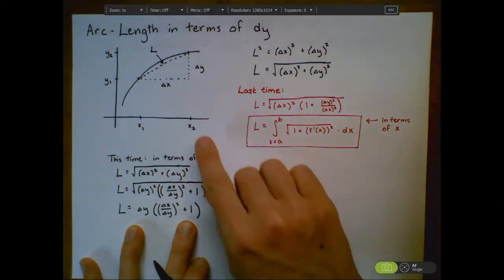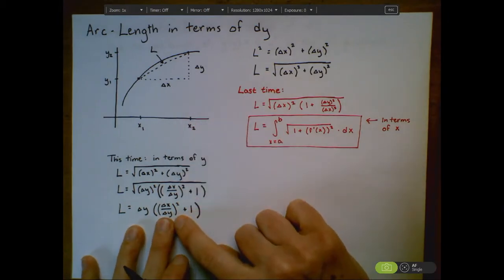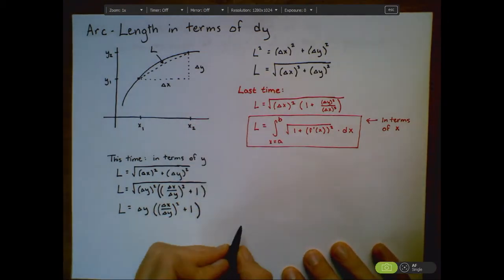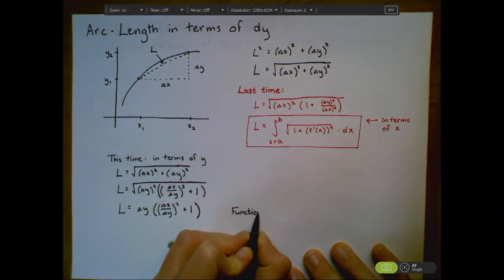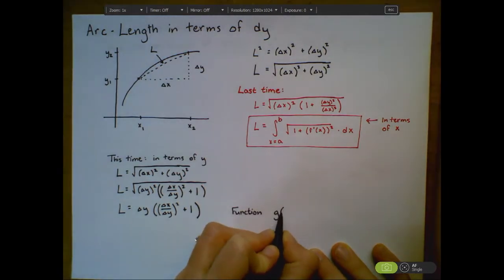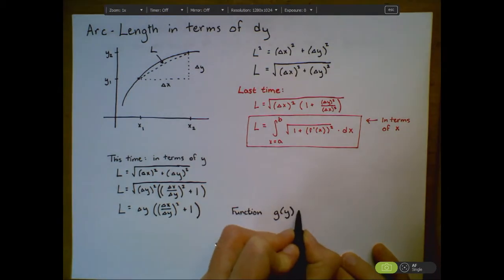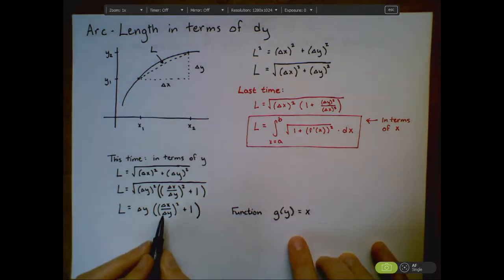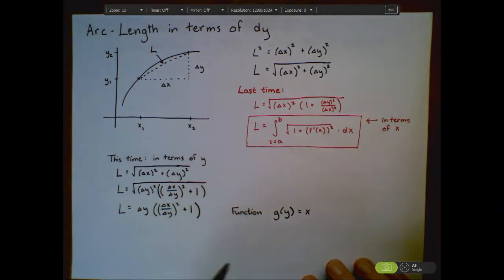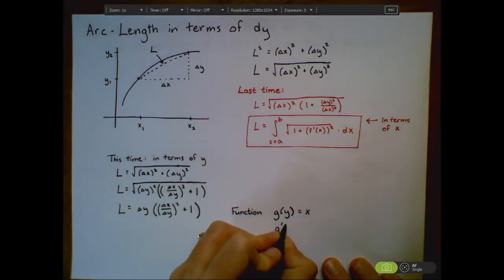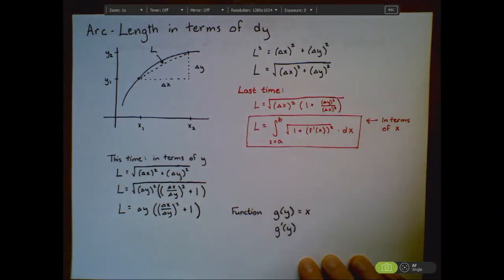And if I want to compute the arc length in terms of delta y, this would only be applicable if my function is something that looks like g of y, which is equal to my variable x. And so here, instead of dy dx, this dx dy is the derivative of my function in terms of y, right? And it would be whatever the derivative is.